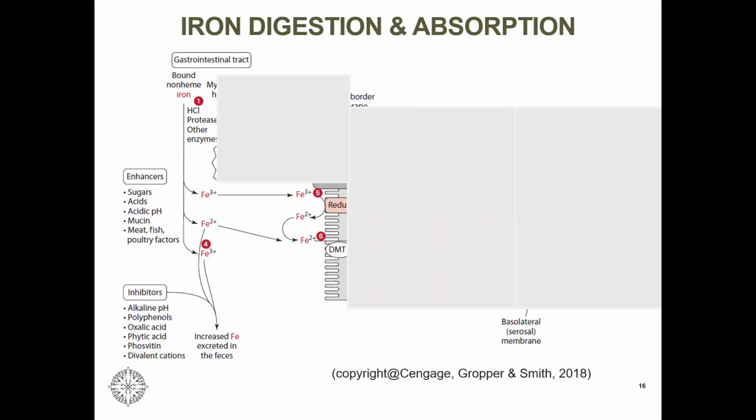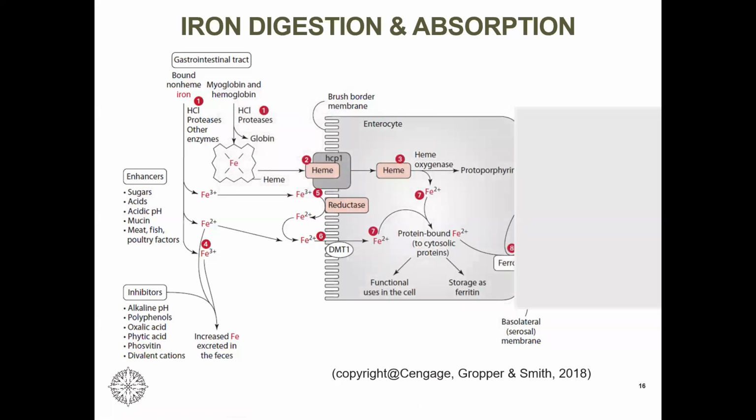Okay. So moving on now, both heme and non-heme iron are inside the enterocytes. So heme will release iron 2 plus by this enzyme heme oxygenase.